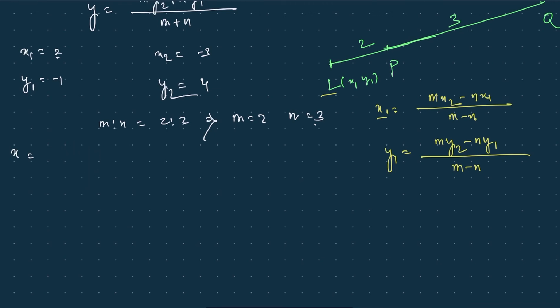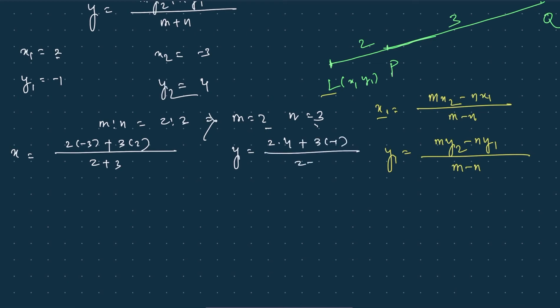What is m? m is equal to 2. And what is x2? Minus 3. So 2 into minus 3 plus this 3 into 2, divided by 2 plus 3. This is for the x coordinate. For the y coordinate, again my2. What is m? 2. y2 means 4, plus 3 into minus 1, divided by 2 plus 3.